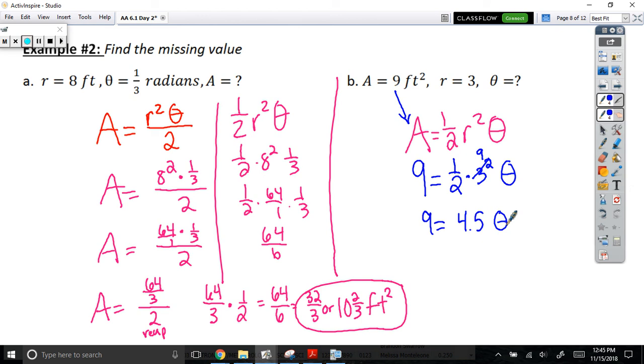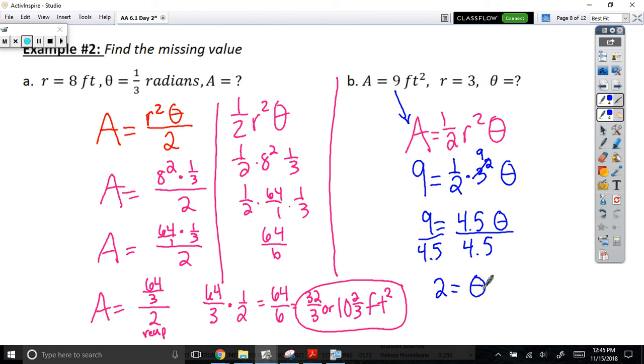Half of 9, if you type it in your calculator, 9 times 1/2 is 4.5. And then you can just divide by 4.5. If you wanted to leave it as a fraction, you get 9/2, and then you could multiply by the reciprocal 2/9 on both sides. But either way, you're going to get 2.